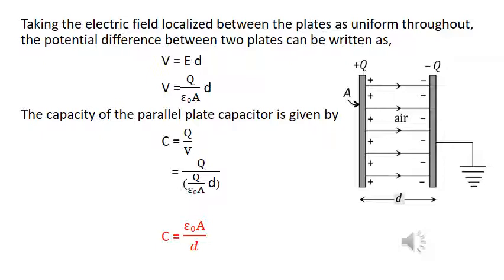And second, it depends on the medium in which the conductor is located. And here the medium we have taken is air or vacuum. So epsilon naught is denoting the medium here in the formula.